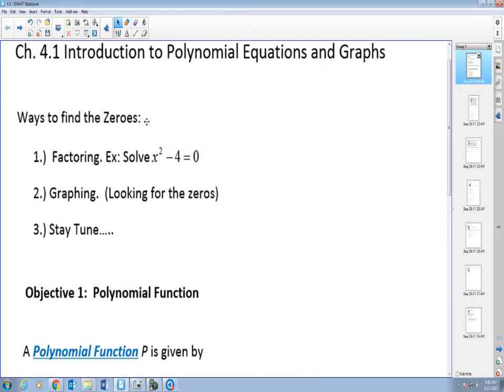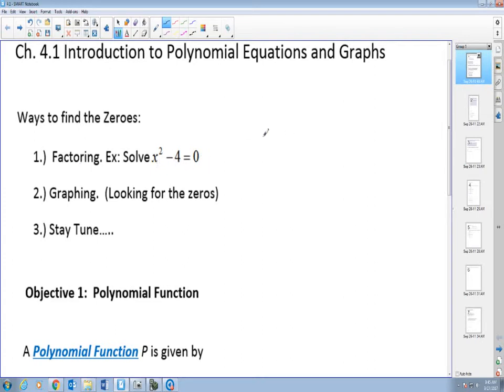So the 4.1, 4.2, 4.3, many things we talk about have something to do with finding the zeros of a polynomial function. So one of the ways I showed y'all before is by factoring. If I have a polynomial such as x squared minus 4 equal to 0, we can actually solve by factoring.